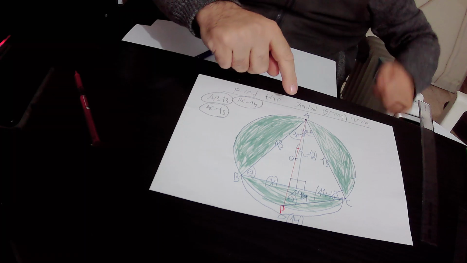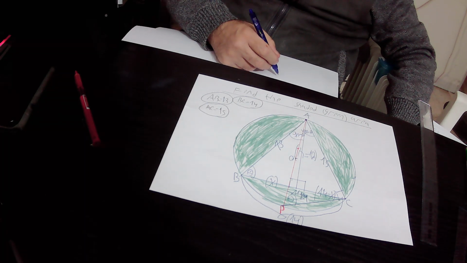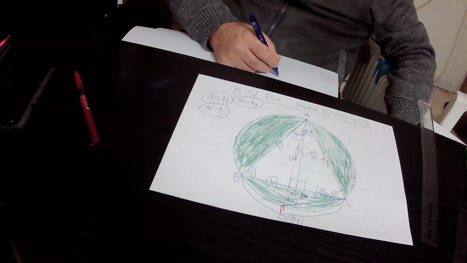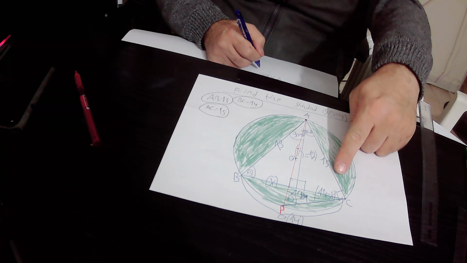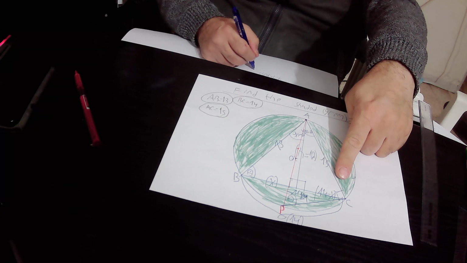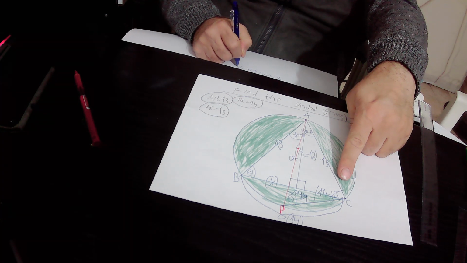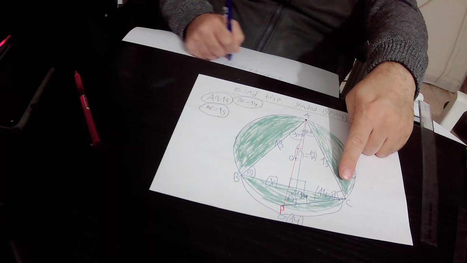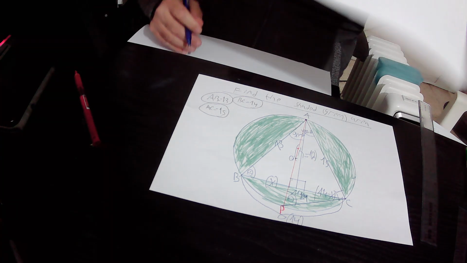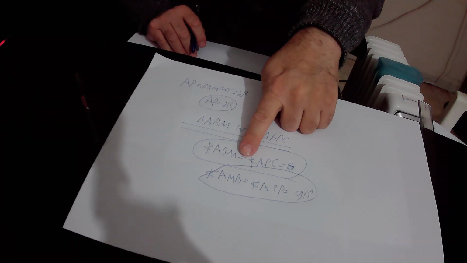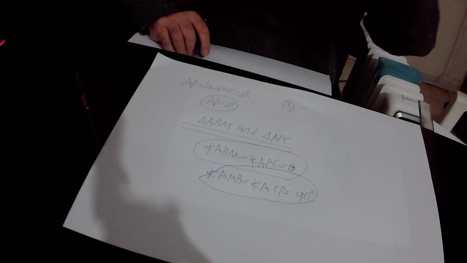So angle AMB in triangle ABM is equal to this angle, angle ACP. Angle AMB equals angle ACP. They are both equal to 90 degrees, therefore they are equal to each other.